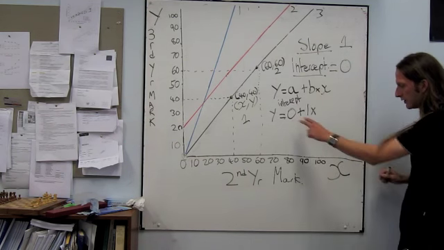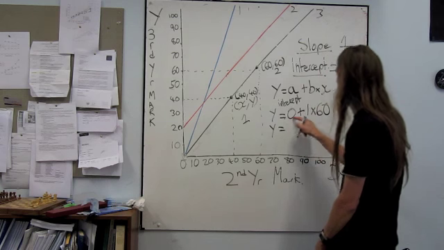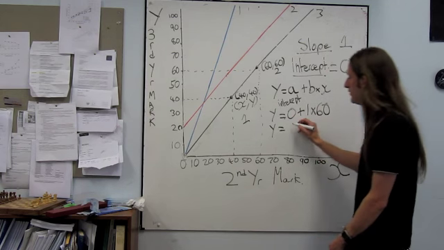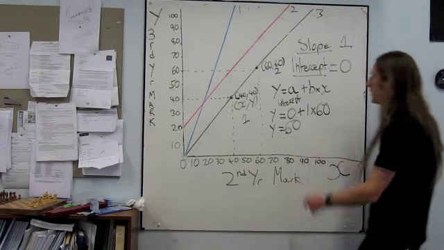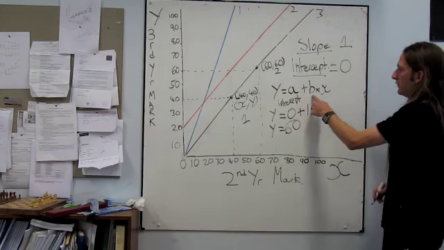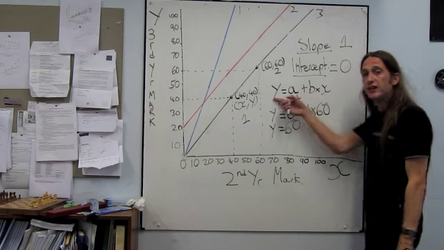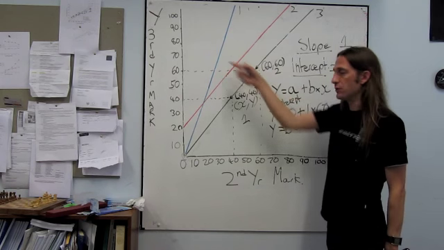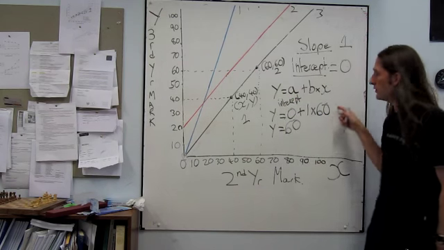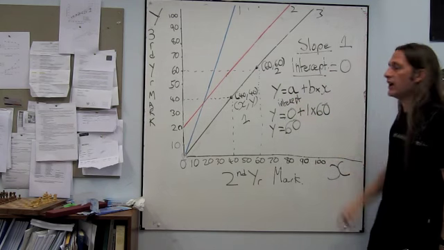Let's suppose that you've got 60% for your second year. So x is going to be equal to 60. And if you work this out, it's going to be 0 plus 1 times 60, which is obviously going to be 60. So if I know what the slope value is, and I know what the intercept value is for this function, then I can predict y, your third year mark, from your second year mark by just plugging in the values.